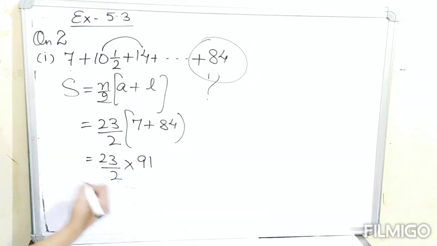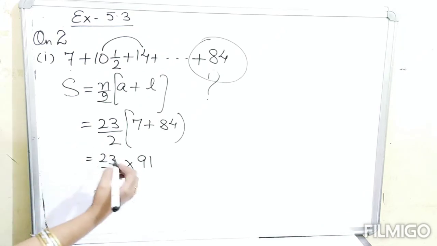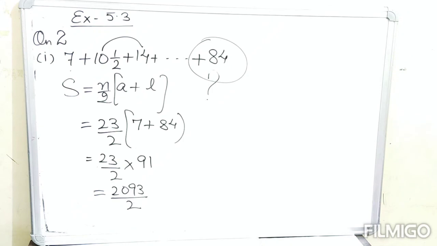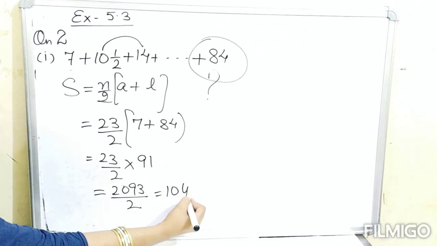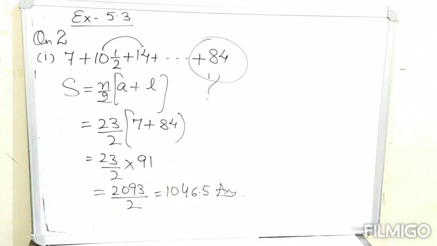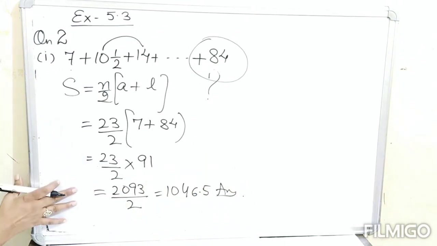When you multiply 23 by 91, that is equal to 2093, divided by 2. If you want to convert that into decimal, you can. Otherwise, you can leave your answer up to here also. If you divide, that is 1046.5. So this will be the answer of the first part. That's it.